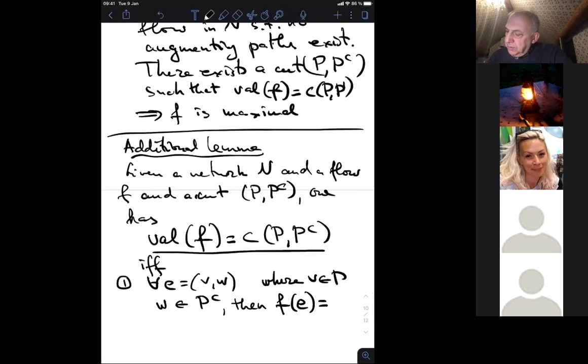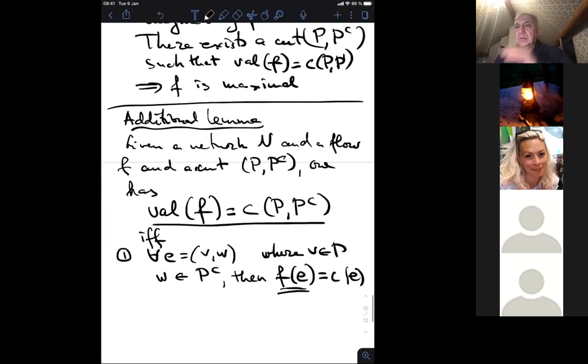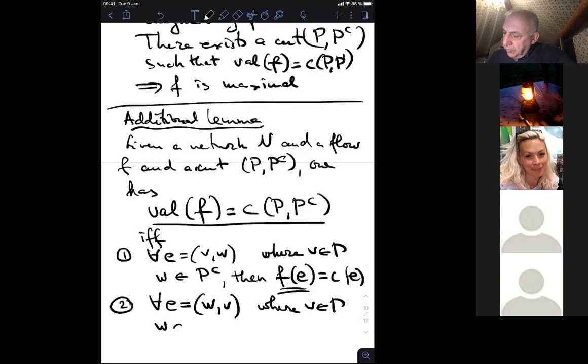So the flow through this edge should be equal to the capacity of this edge. So we should use all capacities over all edges from P to P complement maximally. And two, if an edge goes the other way around, then the flow should be 0 through this edge.